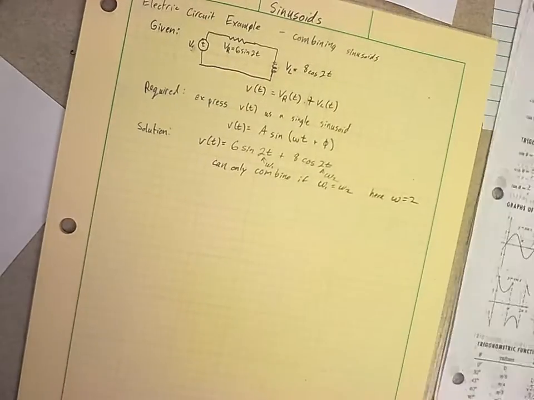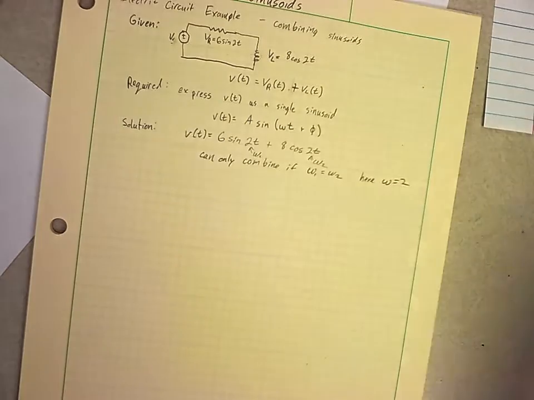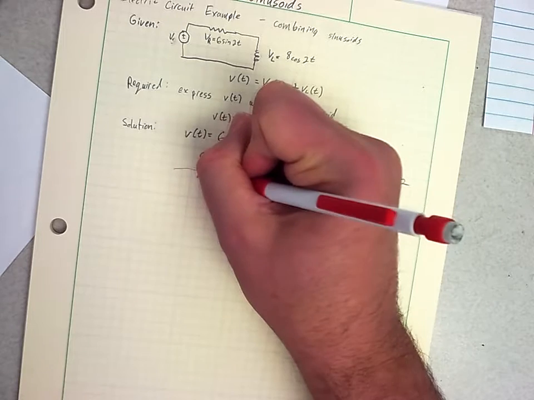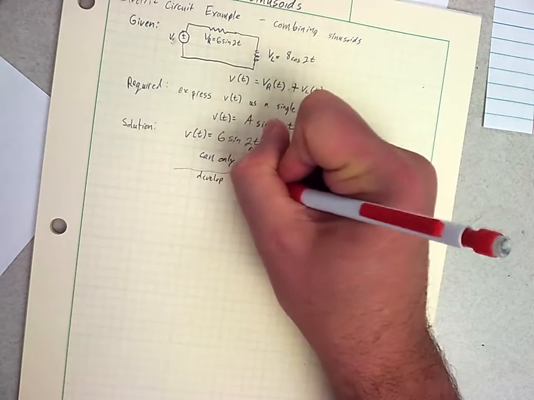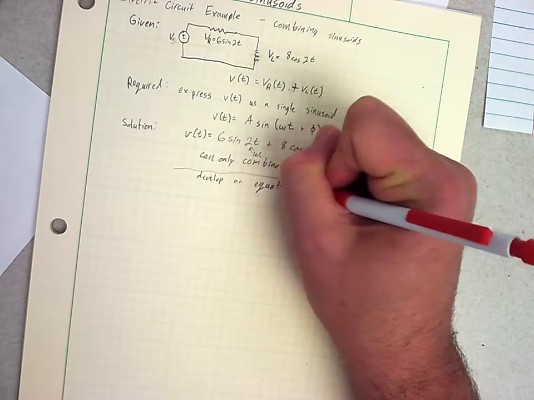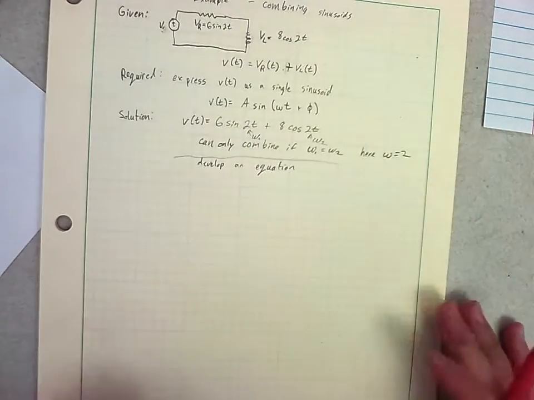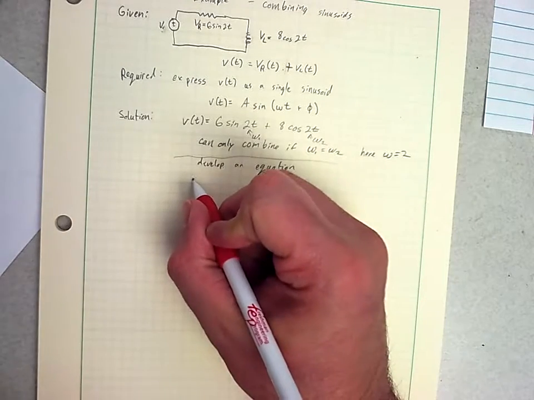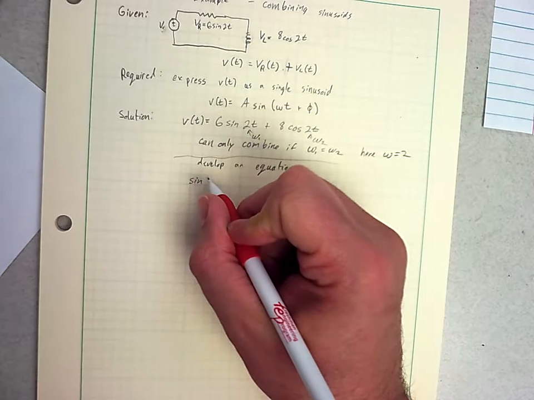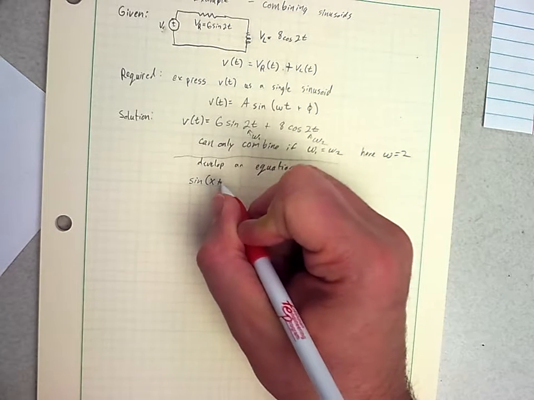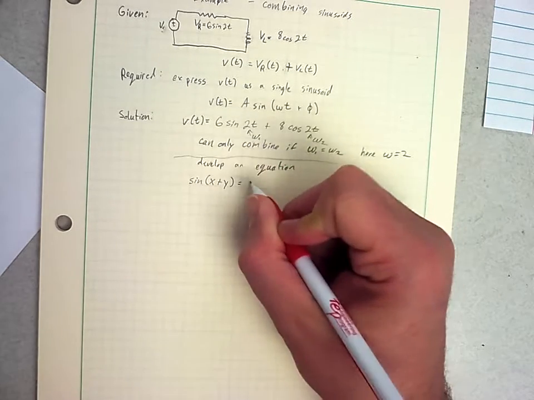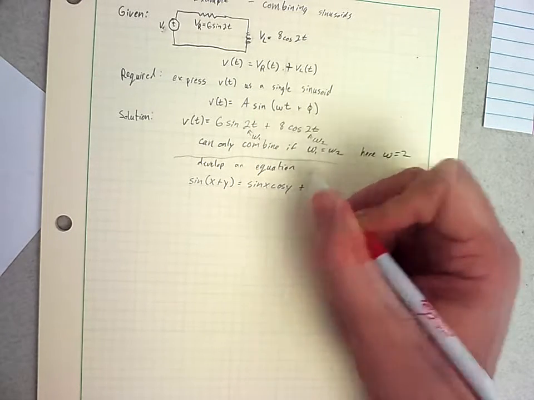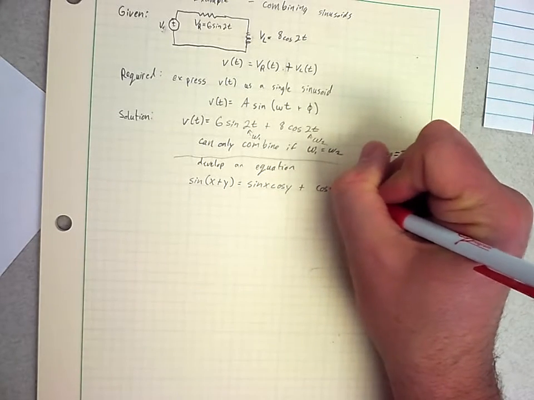I'm going to try to develop an equation real quick. Again, this is stuff that wouldn't be on your homework, but something we need to work out, and you need to be able to see it, so I'm going to write it on this same sheet. Sine of x plus y is sine x times cosine y plus cosine x times sine y.